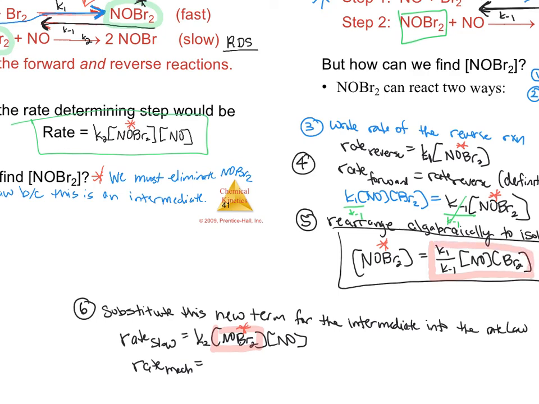So the rate of our mechanism, K2, and now instead of NOBr2, I'm going to write K1 over K minus 1 NO Br2. And then the second NO term.